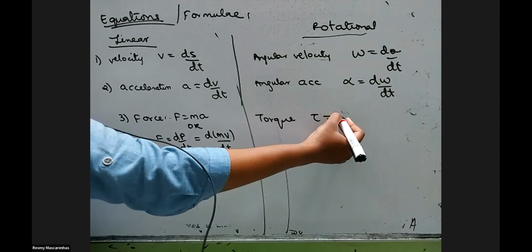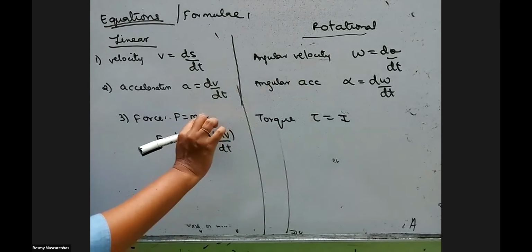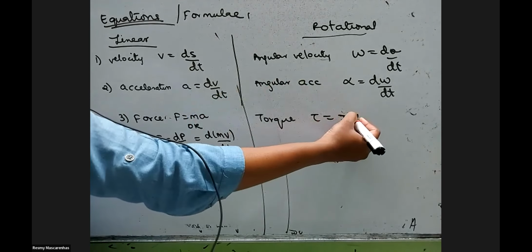Tau is, instead of mass it is I, instead of a it is alpha.